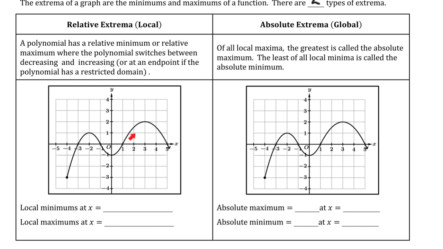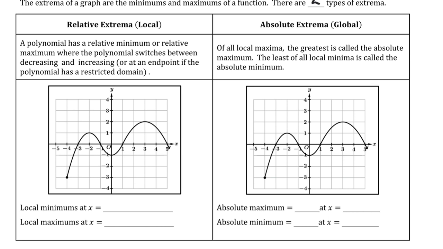But over here in this section, from like 2 to 4, this would be a local maximum, while this point down here would be a local minimum. That is a relative max and a relative min, meaning relative to where we are in the graph, what kind of point do we have going on there?